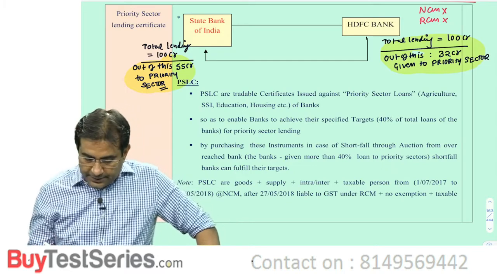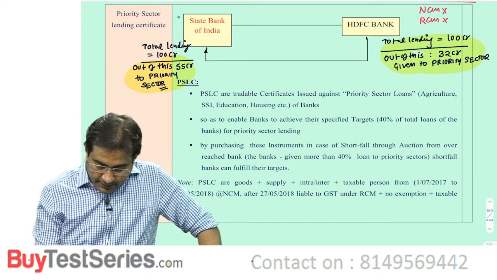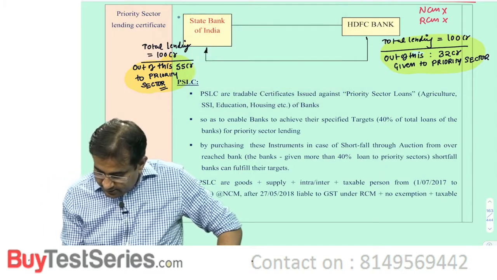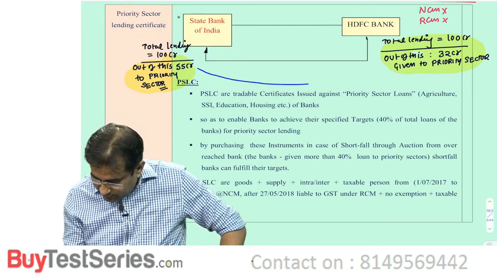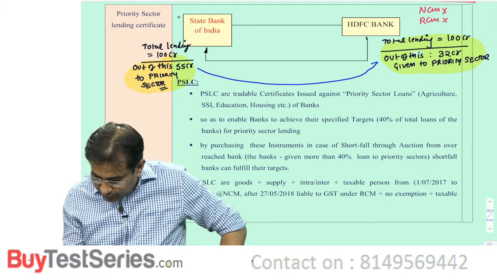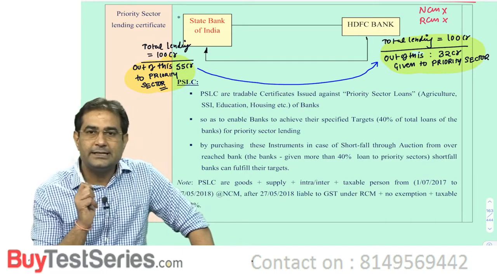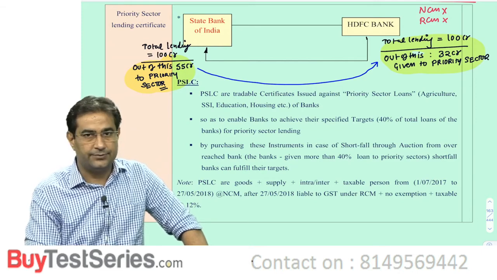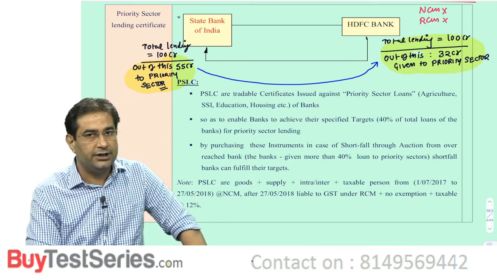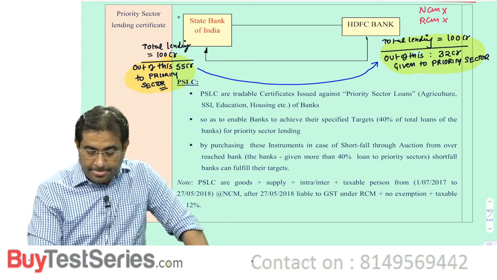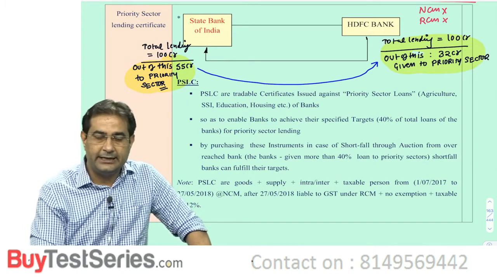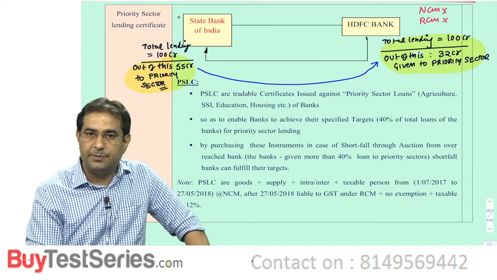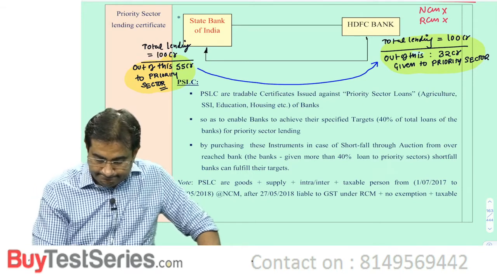So in such a particular situation, sir, now HDFC wants to buy PSLC certificate of rupees 8 crore. Need of HDFC is just 8 crore. Whereas excess PSLC credit with the State Bank of India is how much amount?